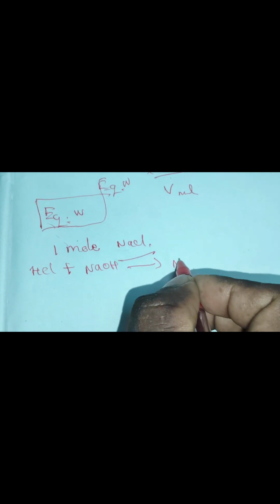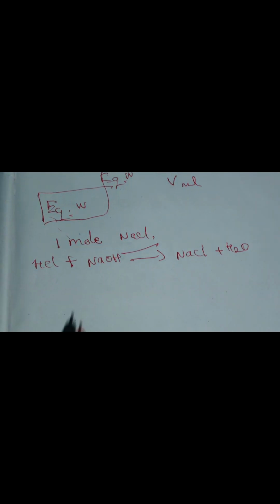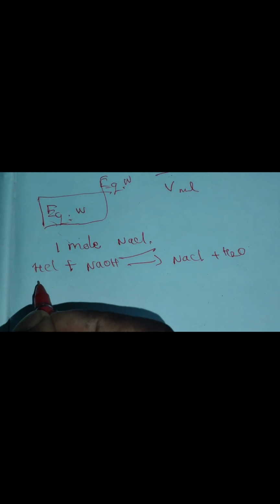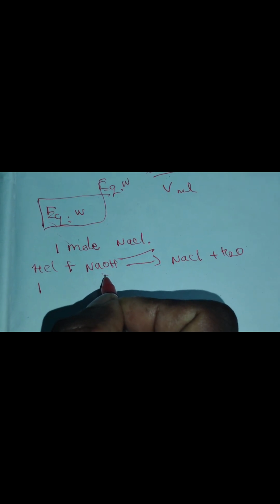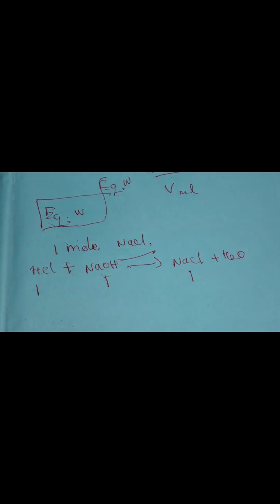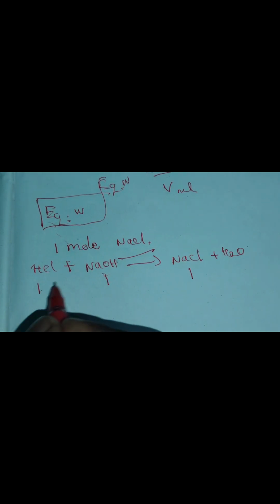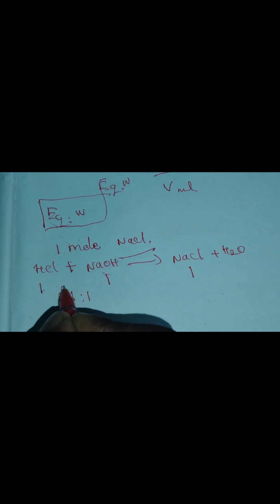HCl plus sodium hydroxide gives the product sodium chloride plus H2O. Here the number of moles of HCl is 1 mole, sodium hydroxide is 1 mole, and sodium chloride is 1 mole. So the acid and base are in a 1:1 ratio.